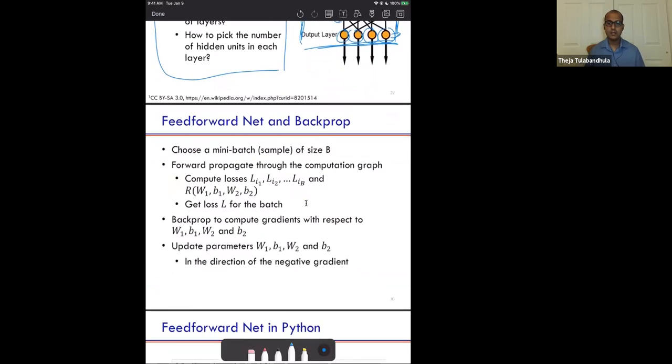Okay, so let's now talk about its relation to backpropagation, because that's a key concept that we learned last time. If you create a mini batch of size b, think of b as 64 or 32, generally multiples of 2. You can also choose 10 or whatever size.